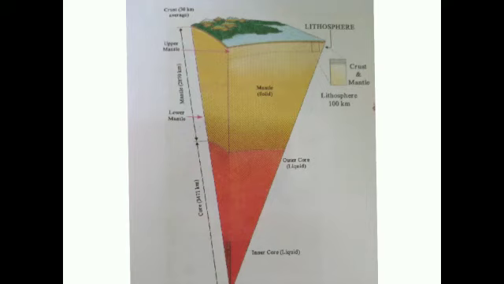Okay, now next about this outer core. Earth's atmosphere is protected from solar wind coming from the sun. What does it do? It protects Earth's atmosphere, which is protected from solar winds coming from the sun.